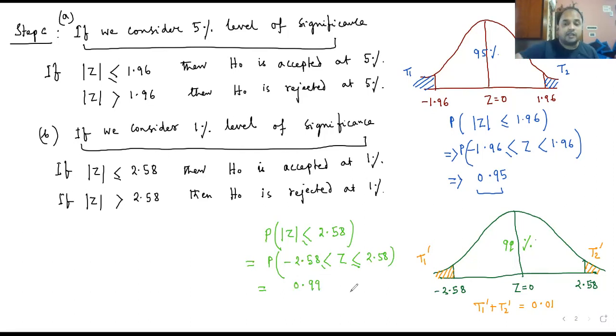So the confidence interval is the probability that the data is going to fall inside the acceptance region, and the probability that it will not fall in the acceptance region is known as the level of significance.